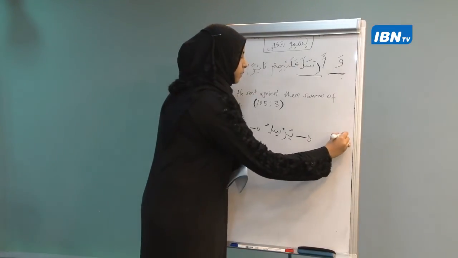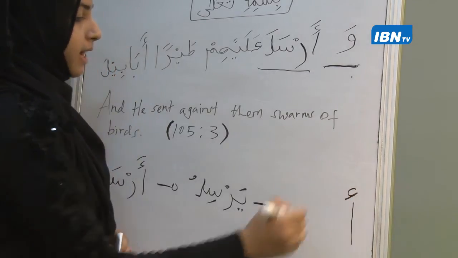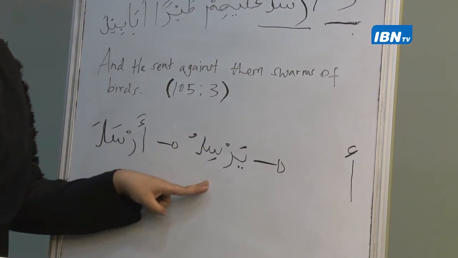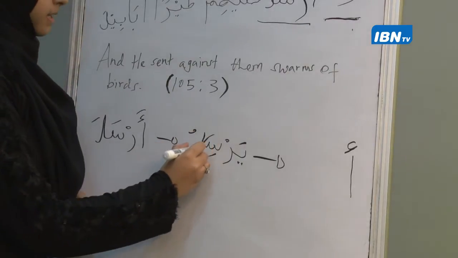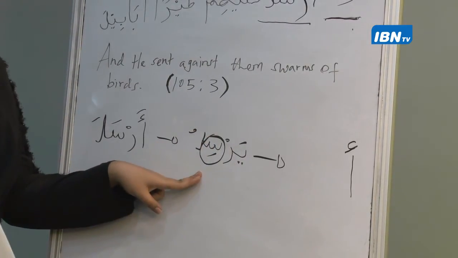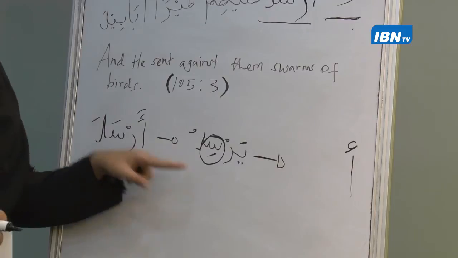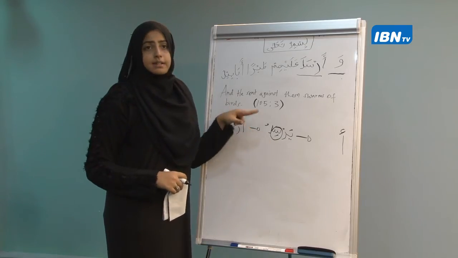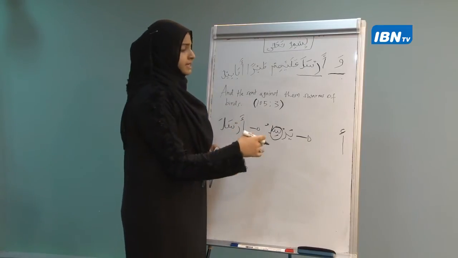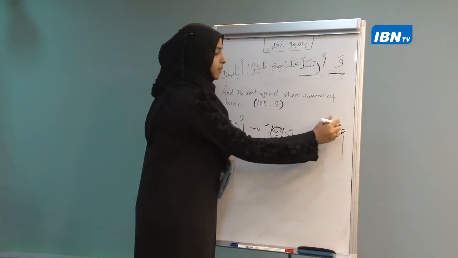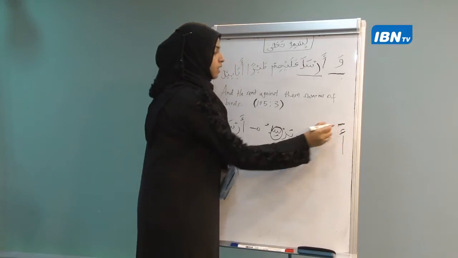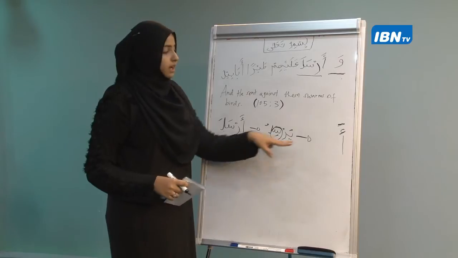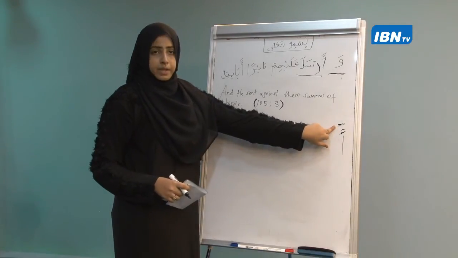So we will always add alif with the hamza. And we had said that you look at the second radical. Now here, the second radical carries a kasra, right? But we said in some cases, despite the fact that the second radical carries a kasra, the hamza here will carry a fatha.